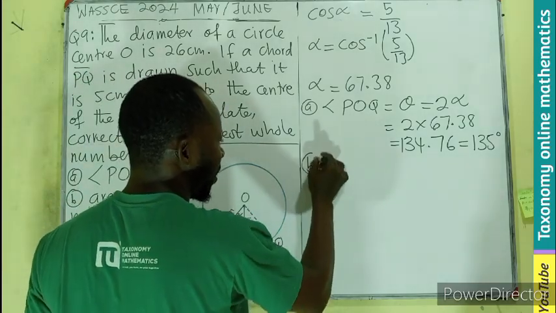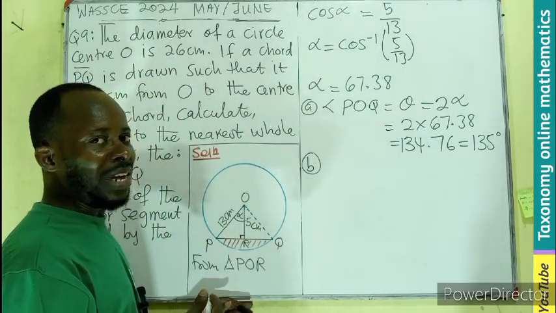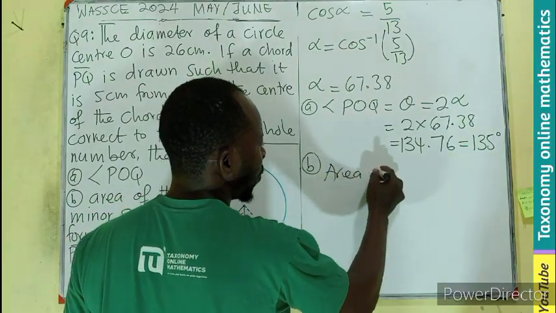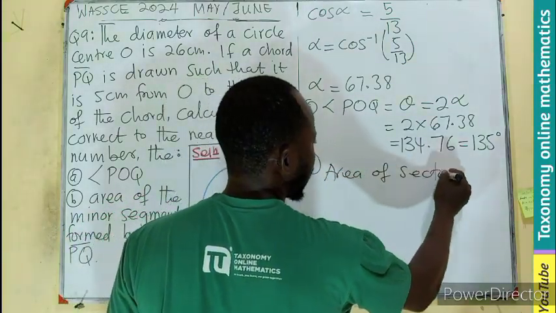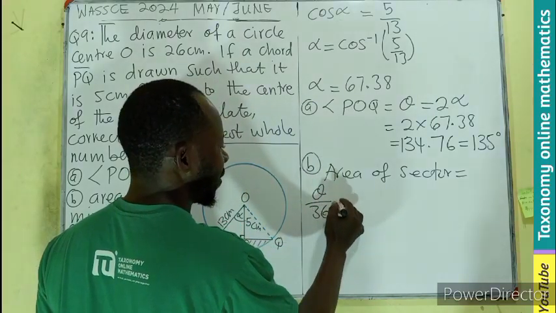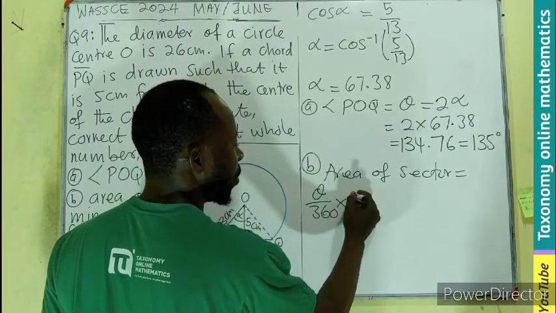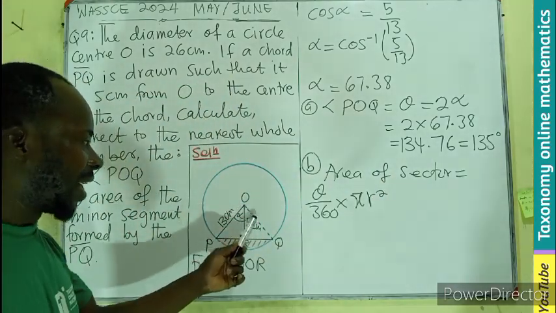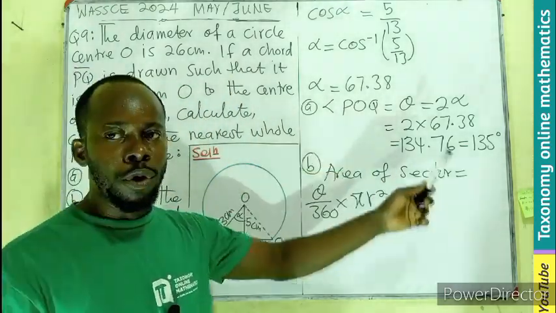So for B, I begin with the area of the sector first. The area of a sector, we all know, is theta over 360 times pi r squared, where theta in this case is the angle at the center, POQ.